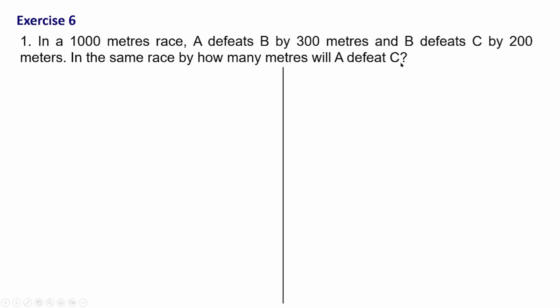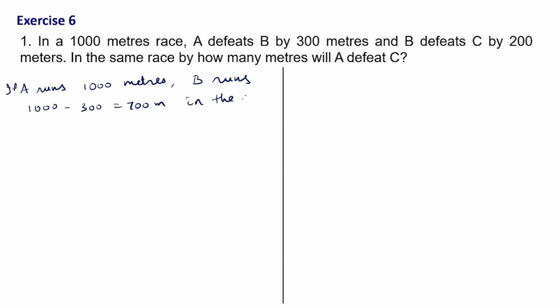So here we have A defeats B by 300 meters. So if A runs the entire 1000 meters, B will run 1000 minus 300, which is 700 meters in the same time.